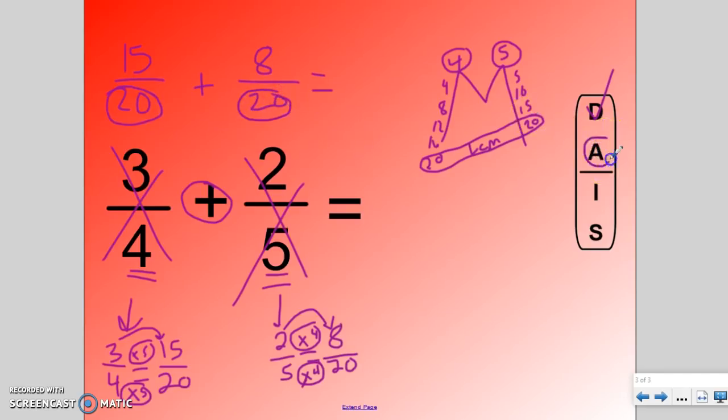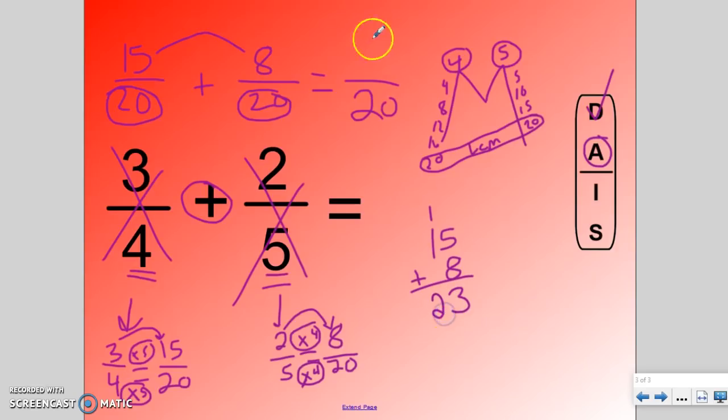So now it's time for me to add or subtract. If I have 15/20 and I add more 20ths to it, I'm just going to have even more 20ths. Question is how many? Well, 15 plus 8. Even if you need to set up a little addition problem off to the side for accuracy, 5 plus 8 is 13, carry the 1, 1 plus 1 is 2. We have a bunch of 20ths, we have 23 20ths. So that gets us our answer.